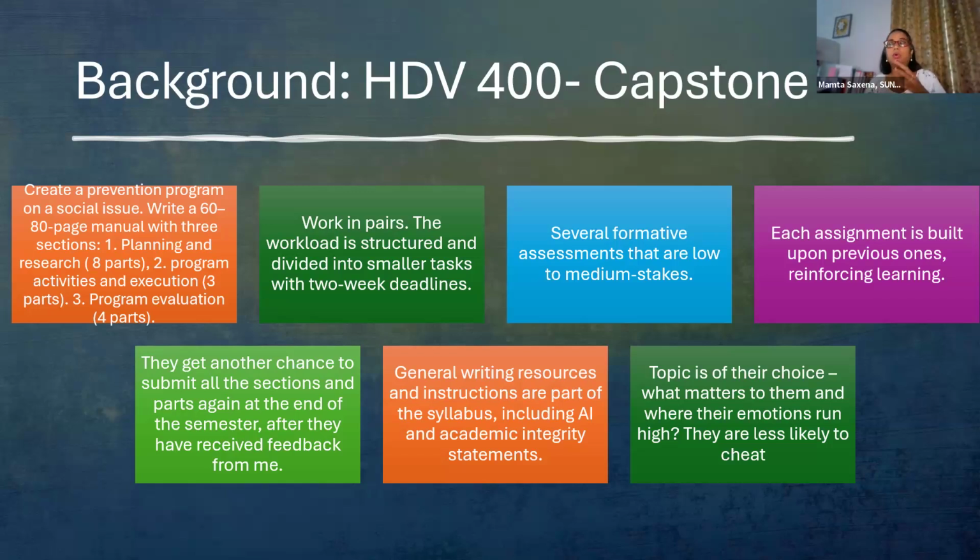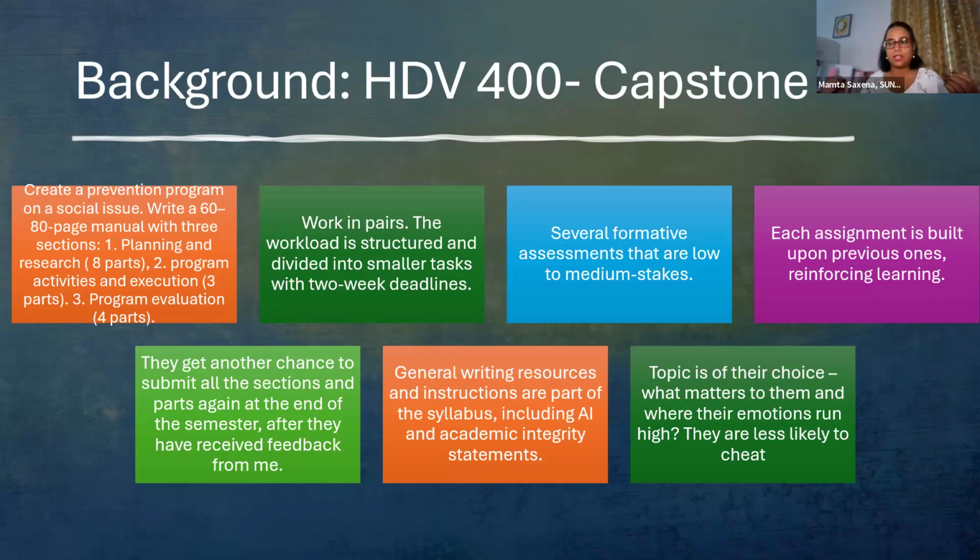The whole manual is generally around 60 to 80 pages, where there are 3 major sections: planning, where they do all the research, literature review, survey, needs assessment, and all those things. Then they create program activities for this prevention program on their social issue, and then they evaluate it.